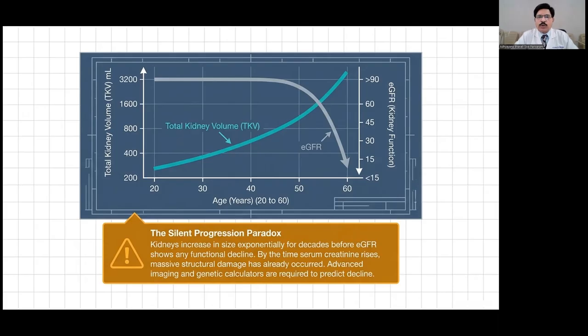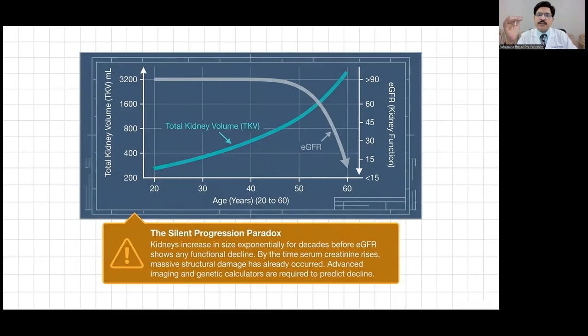Over the period of 20 years to 60 years, the kidney volume starts increasing. But remember, the GFR doesn't fall until 50, 55 years because all the nephrons are not affected. There are certain normal nephrons and they are doing the function. So eGFR reduction or creatinine rise is not an early variable. It occurs late. Rather, total kidney volume progression is a better indicator.